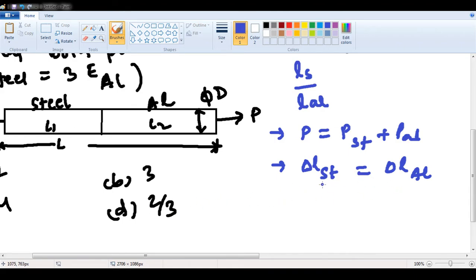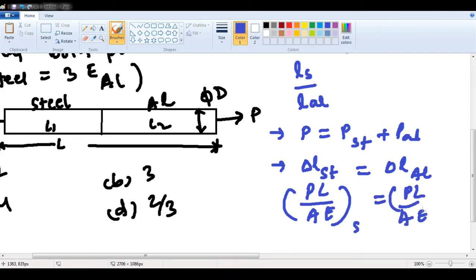So when change in length of steel is equal to change in length of aluminium, we can write PL by AE for steel is equal to PL by AE for aluminium. We don't know the length of both; load is same for both, area same for both.